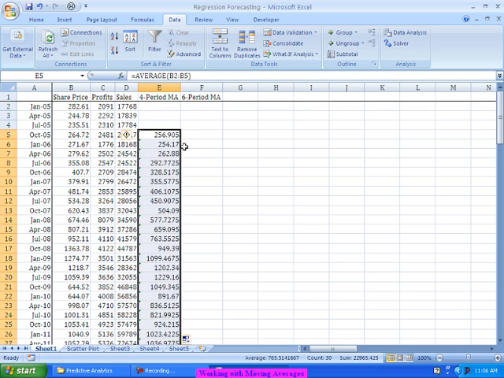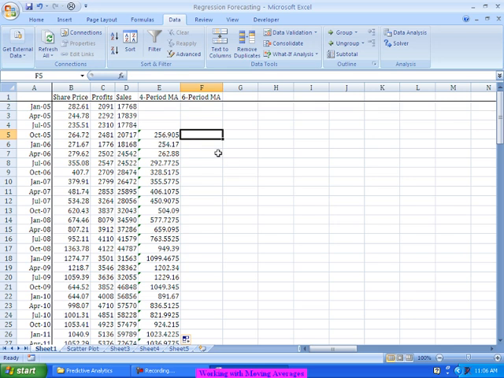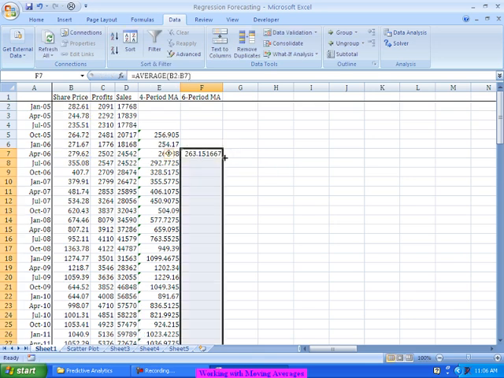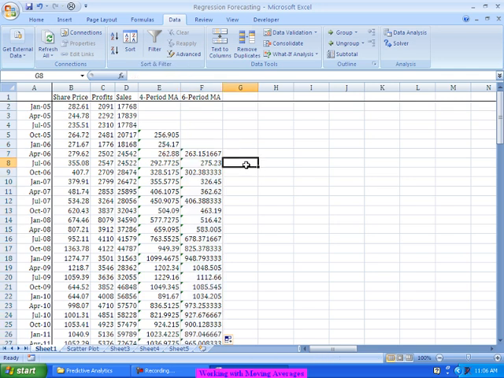So I'll take this to be the last 4 periods average. Similarly, if I want it for the last 6 periods, I can do it as the average of the last 6 periods data.